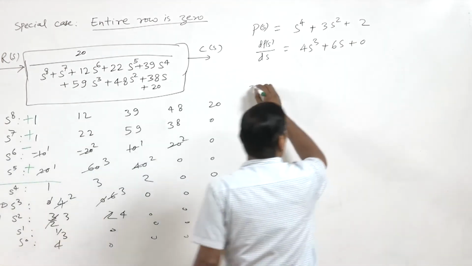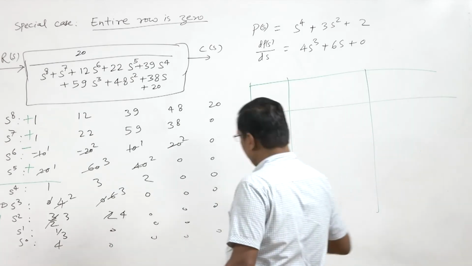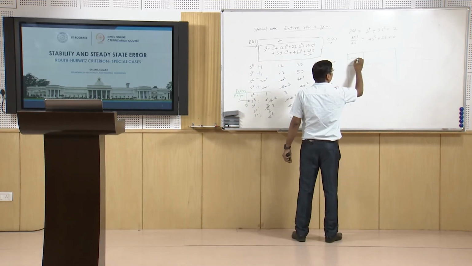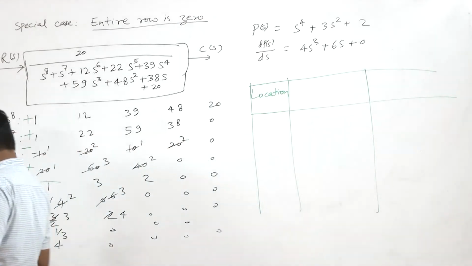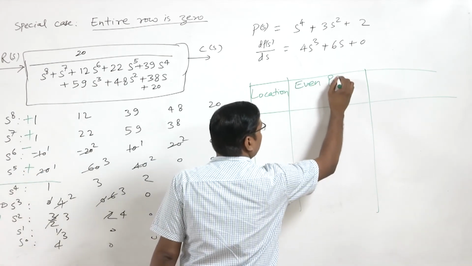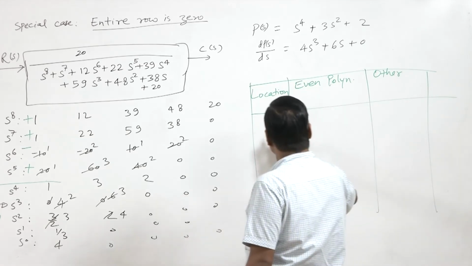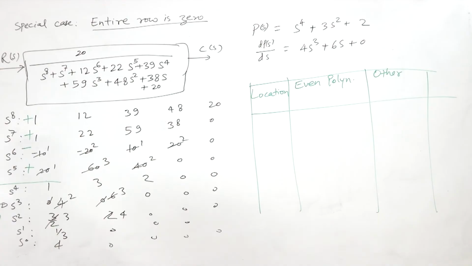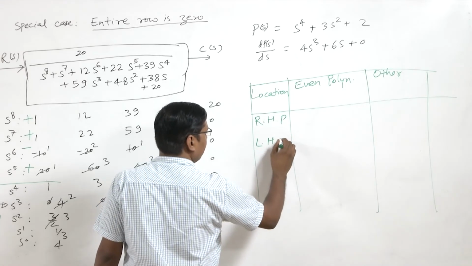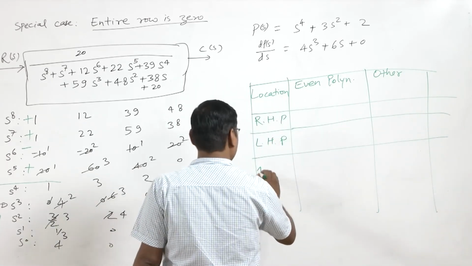So now if we make the roots, here the location of the roots: right half plane, left half plane, and j omega axis.